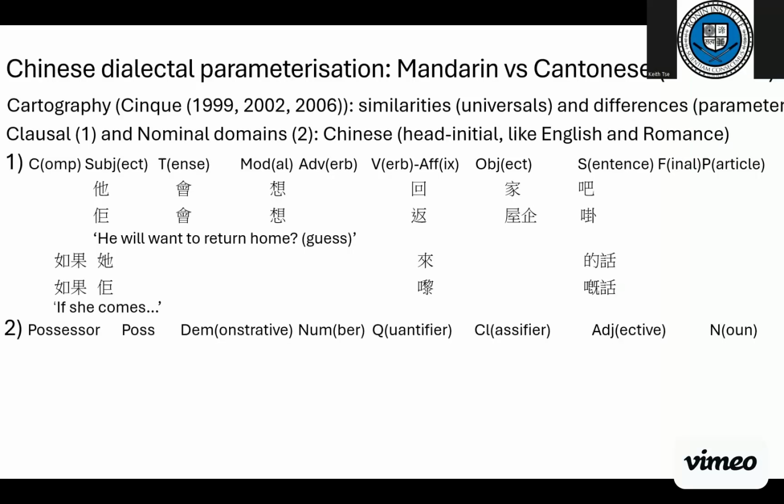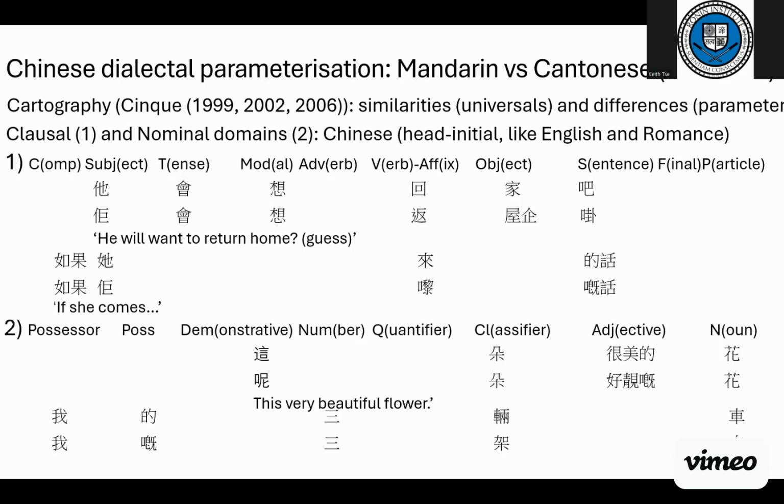The nominal structure, again, is commonly held to be something like this. So, for example, in Mandarin, we could say 这朵很美的花. In Cantonese, it would be 呢朵好靚嘅花. Okay, so demonstrative, classifier, adjective, then noun. So this very beautiful flower.